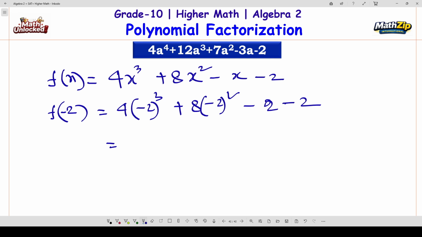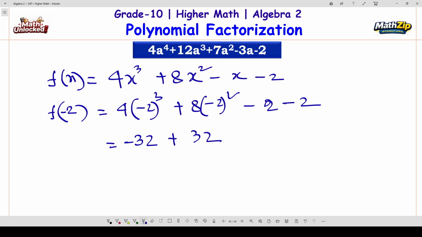So here is a 4 and minus 2 cube, it means 2 times 2 is a 4, 4 times 2 is 8. So 8 times 4 is, here is 8 times 4 is a 32, so minus 32. And here is 8 times minus 2 square means 4, 4 times 8 is a 32, right?